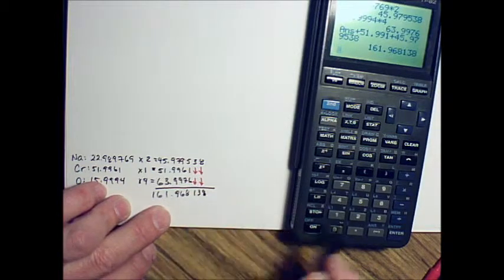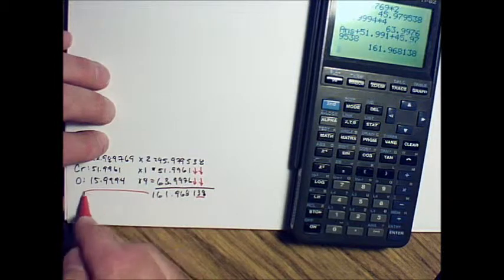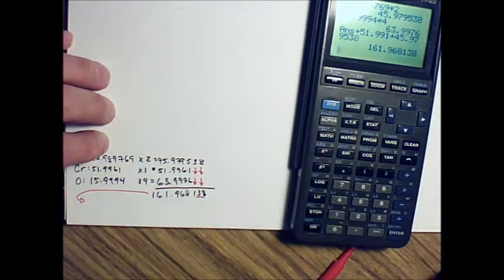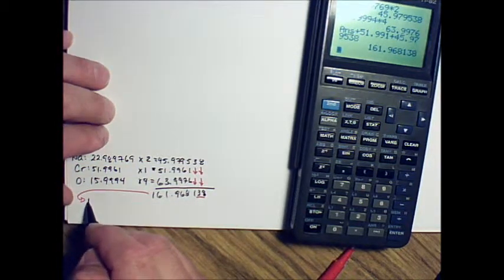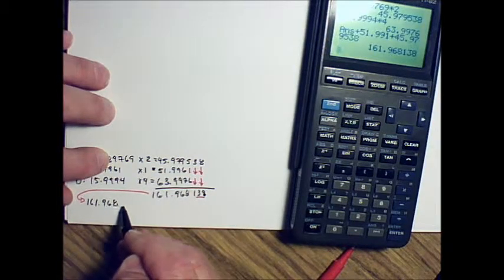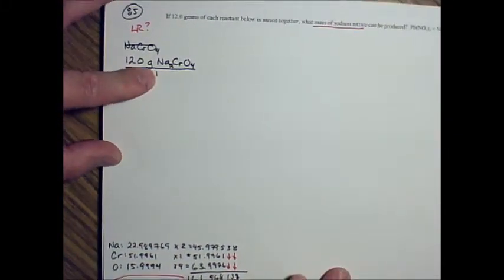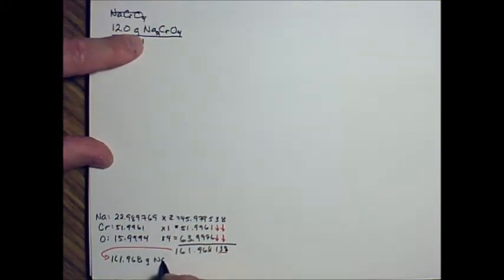The last two digits get rounded off. We use an arrow to show that we're rounding off this answer. And write 161.968 grams of sodium chromate equals 1 mole of sodium chromate.